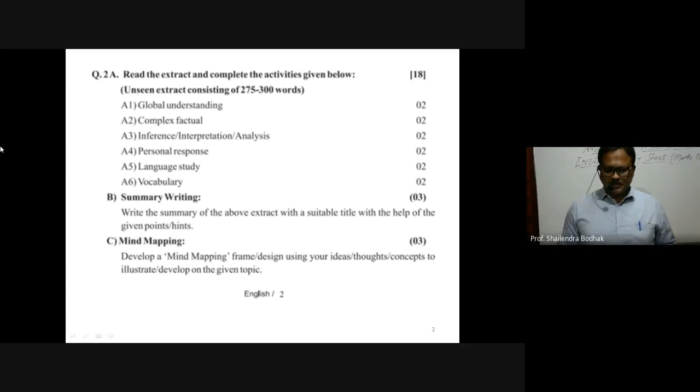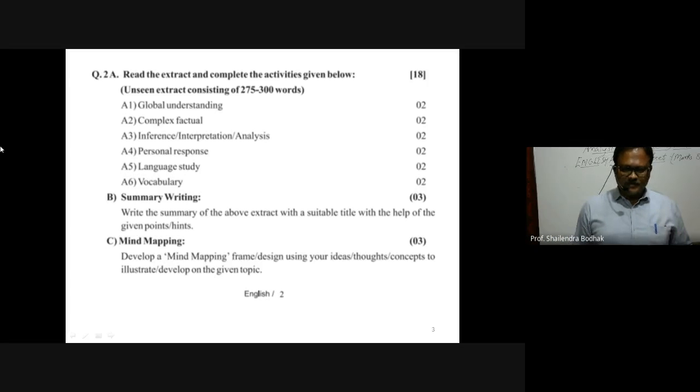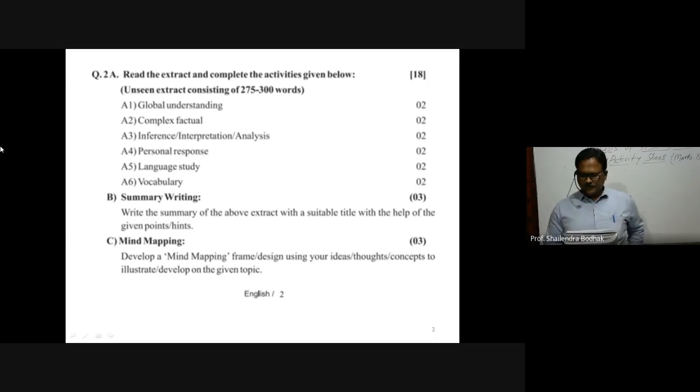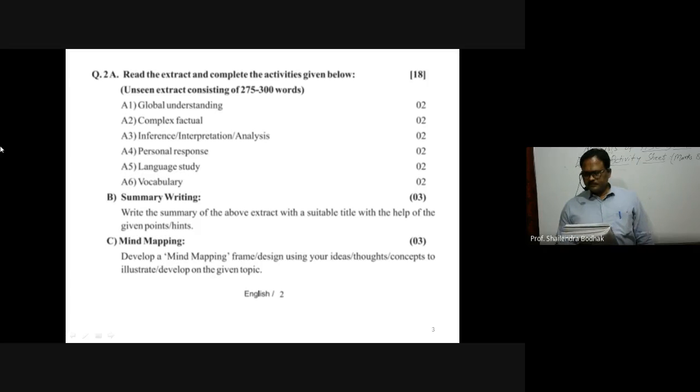Just for example, to show benefits of reading. And then they will give you points in the question paper. Now, first point, understanding great people, great ideas. Topic is benefits of reading. And then point number one will be understanding great people, great ideas.